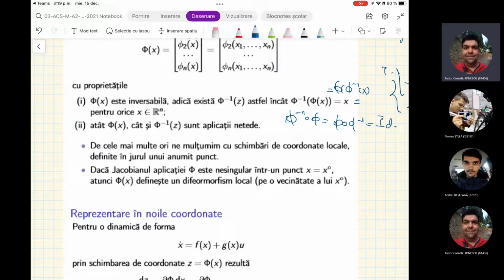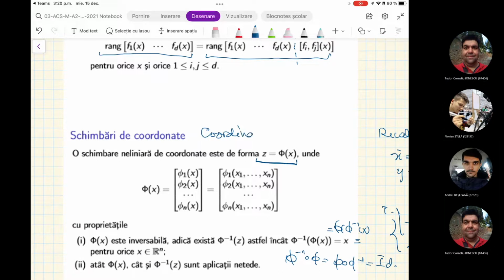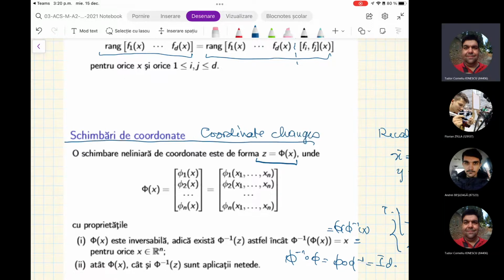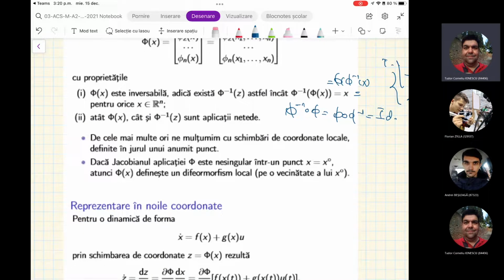But the linear case is a particular case of this notion of change of coordinates. That's what we talk about here, coordinate changes. Furthermore, both phi and phi inverse are smooth.